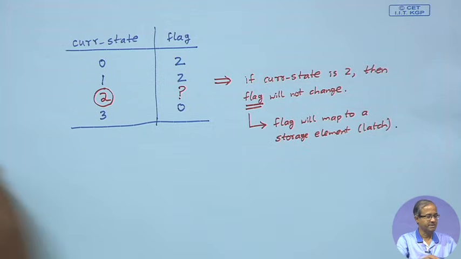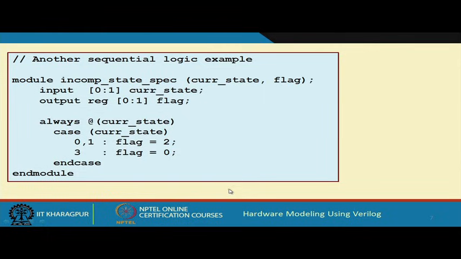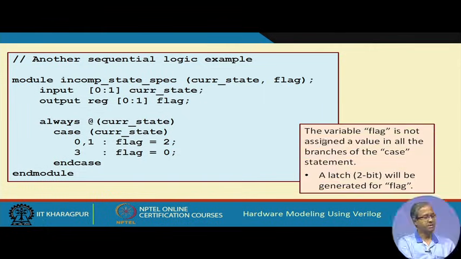Okay. So, for this example, the variable flag is not assigned a value in all the cases of all the conditions of the case statement. 0, 1, 3 we have specified, but for 2 we have not specified. Because flag is a 2-bit register, a 2-bit latch will be generated for the flag.